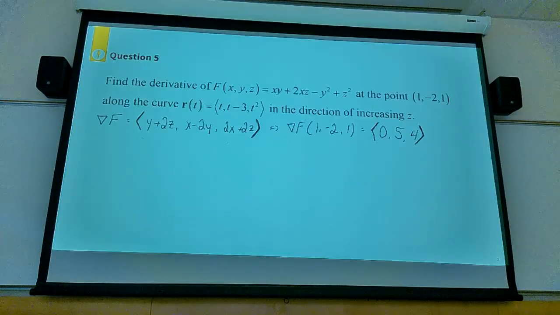And so there's the value of our gradient at the point. So let's do this.